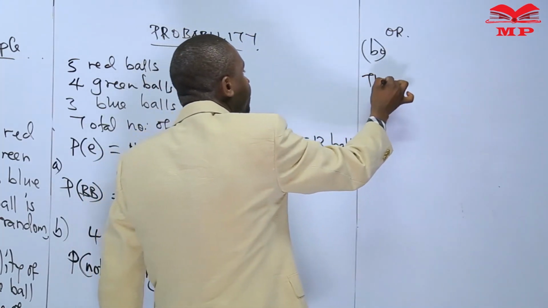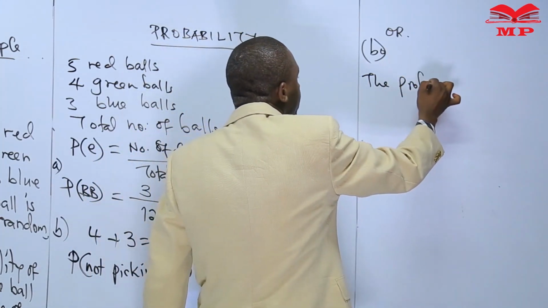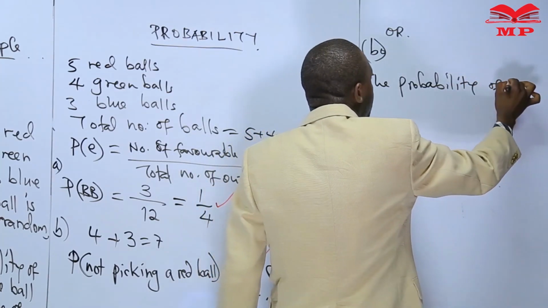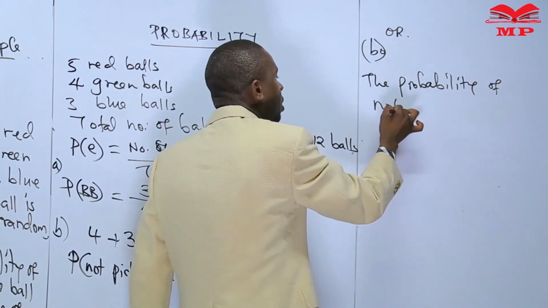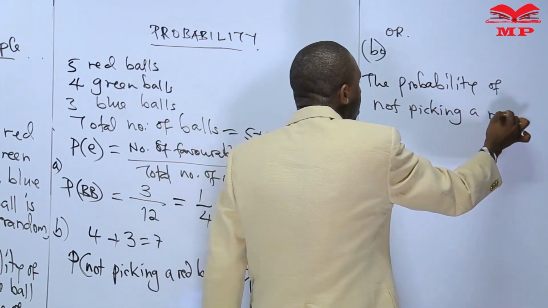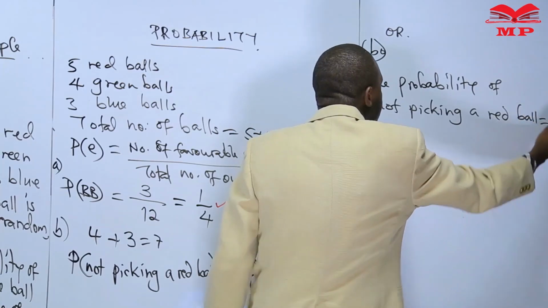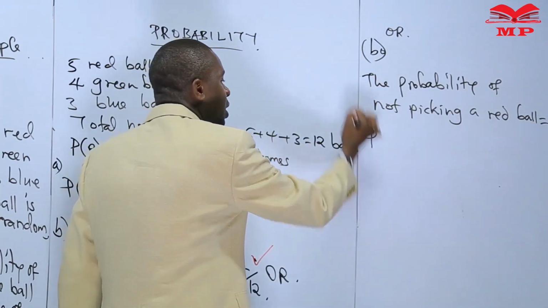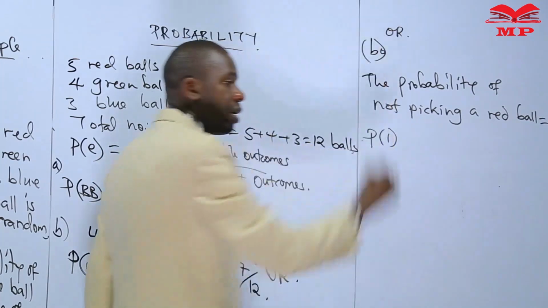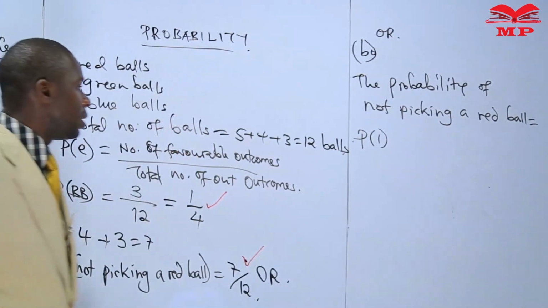The probability of not picking a red ball can simply be given by the probability of 1, which means picking everything.